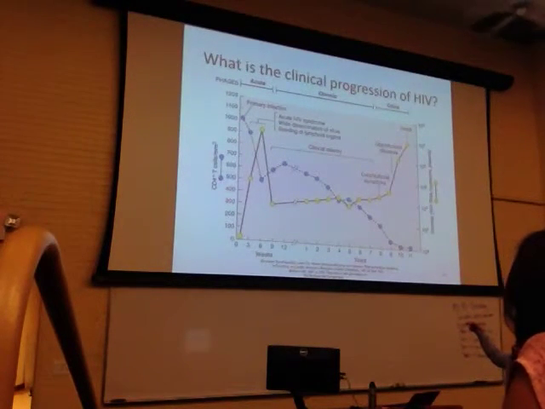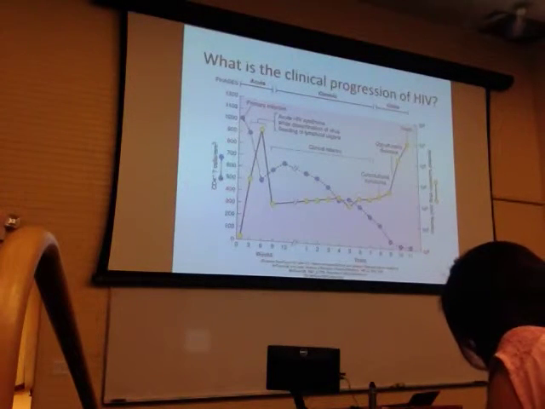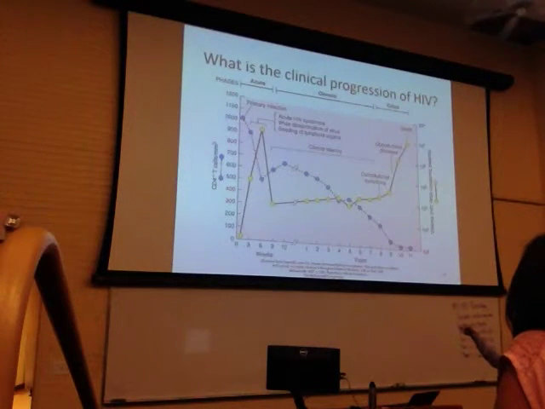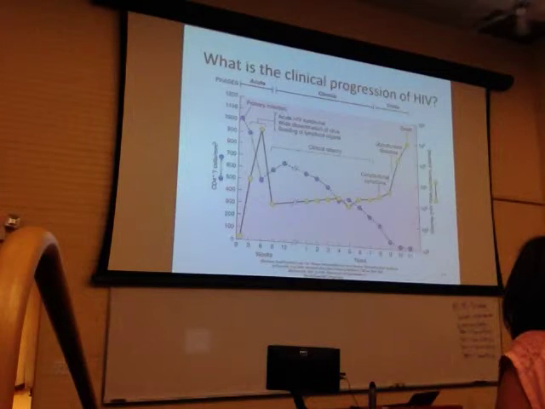Okay? Here's our primary infection, and the number of surviving or resident healthy CD4 positive T cells, helper T cells, drops down. Then you get this clinical latency where it stays sort of plateaued. And then at some point, it drops significantly.